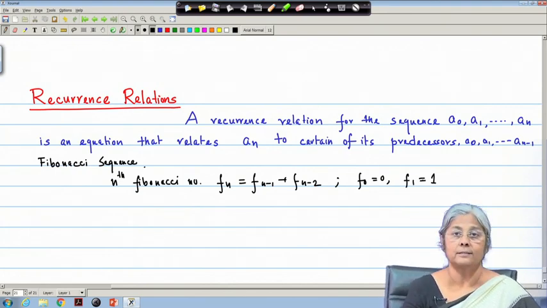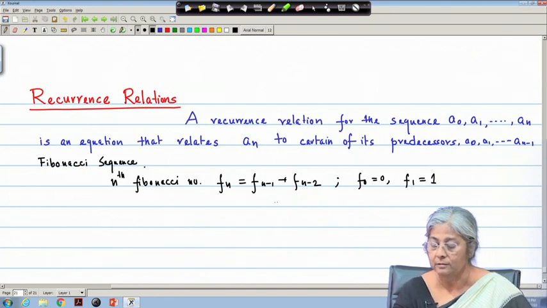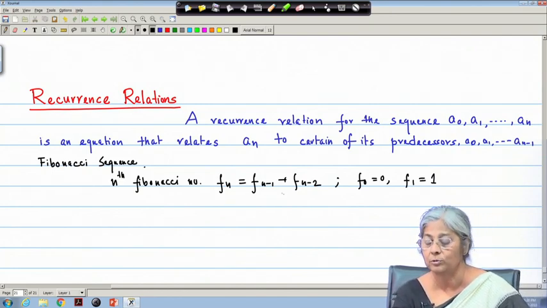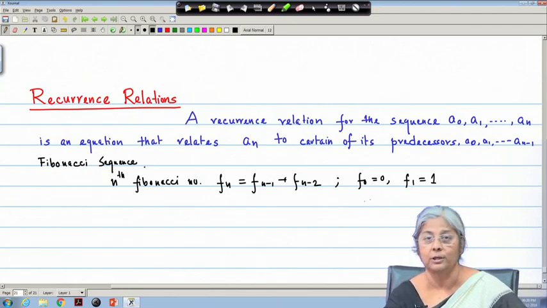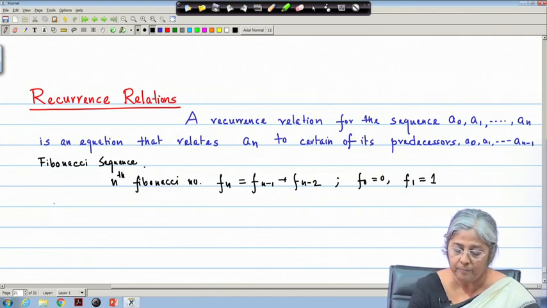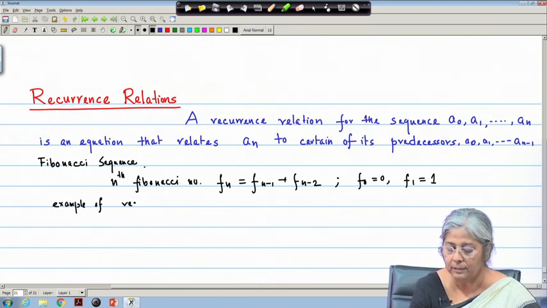So, this is an example of a recurrence relation, because Fn is related to its predecessors Fn minus 1 and Fn minus 2 with some addition, and these are my initial conditions.